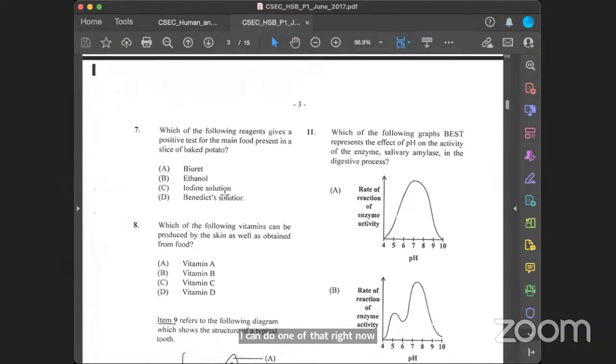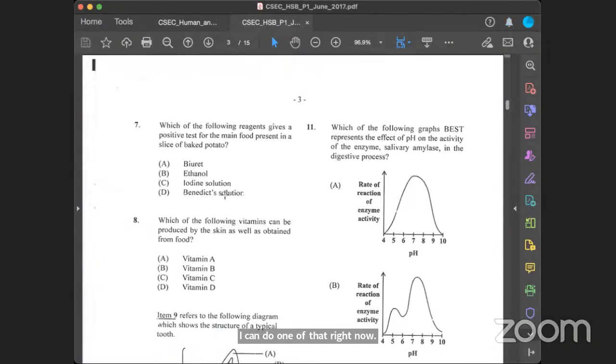And 7, which of the following reagents gives a positive test for the main food present in a slice of baked potato? That will be an iodine solution. Yeah, because that's starch, still starch even though it's baked. Good. So iodine, carbohydrate.